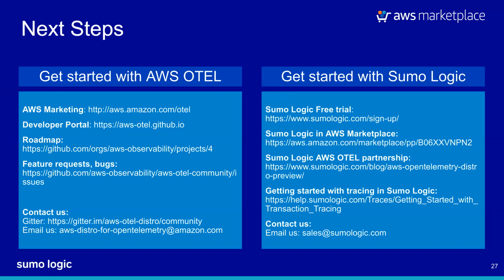Perfect. And maybe just one final question for Pawel. What's the best way to get started with Sumo Logic if you're already using AWS? Yeah, so there are basically two ways.